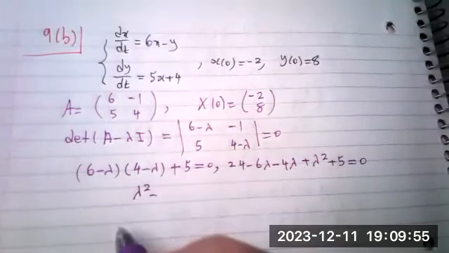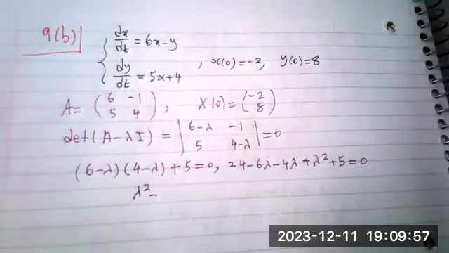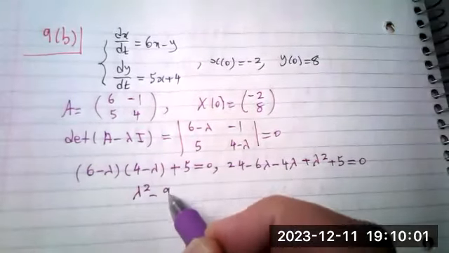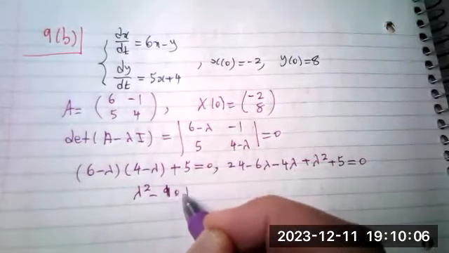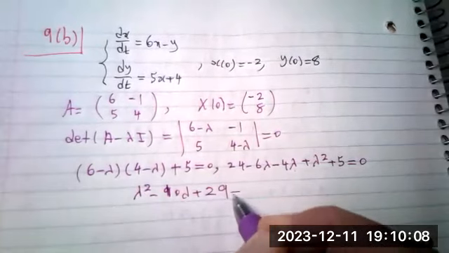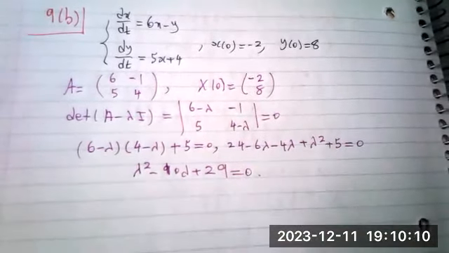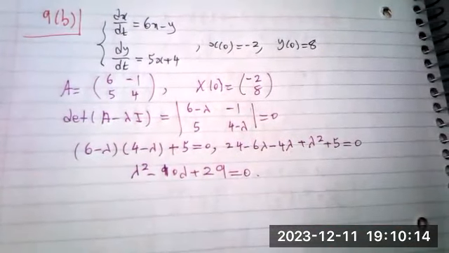So lambda squared minus 10 lambda plus 29 equal to 0. We have to solve this equation, okay? We'll go with the quadratic formula because the solution is going to be complex.